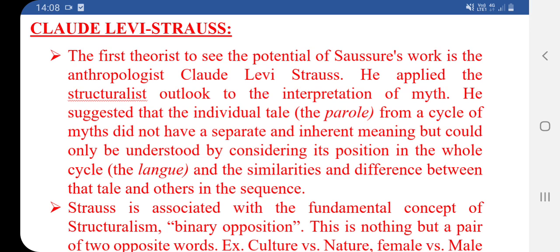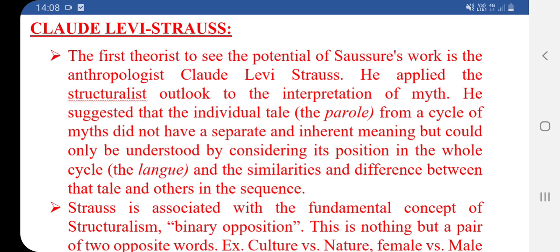He suggested that the individual narrative of a myth becomes parallel. The individual tale from a cycle of myths does not have a separate or inherent meaning, but it can be understood easily by considering its position in the whole cycle, and that's the langue.